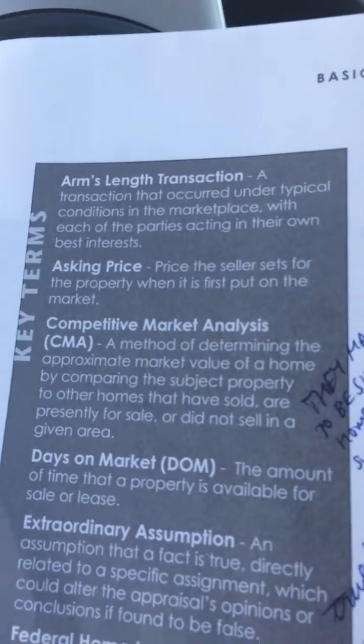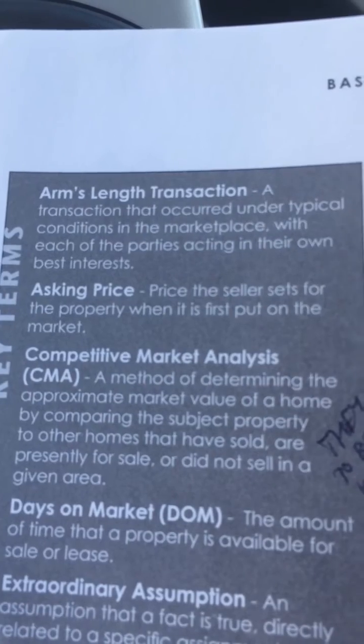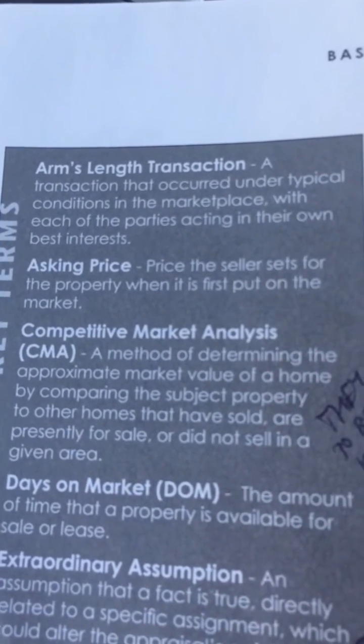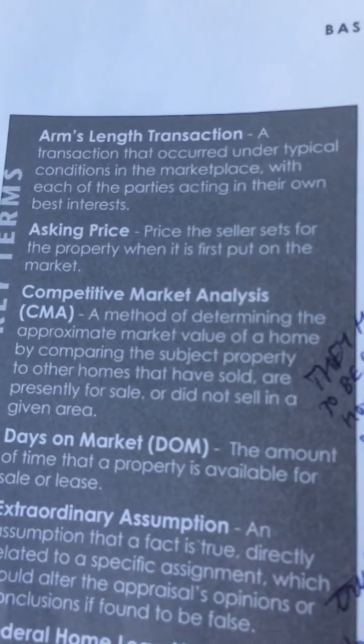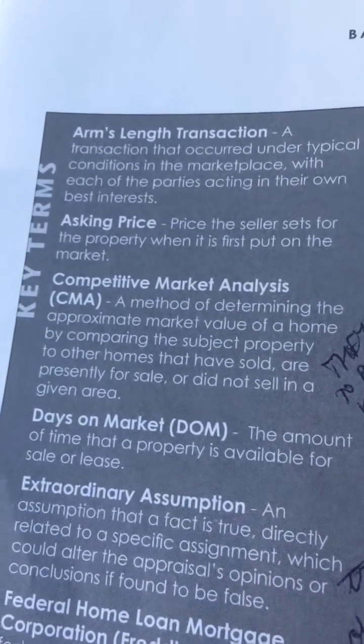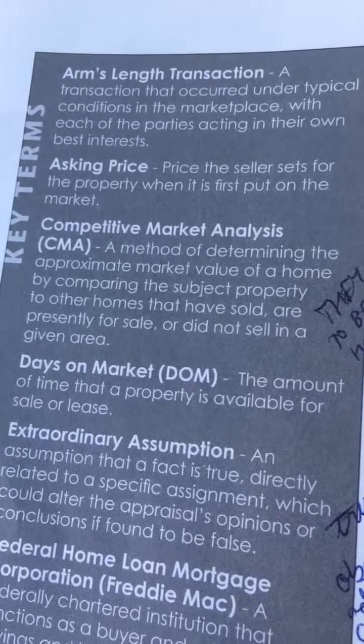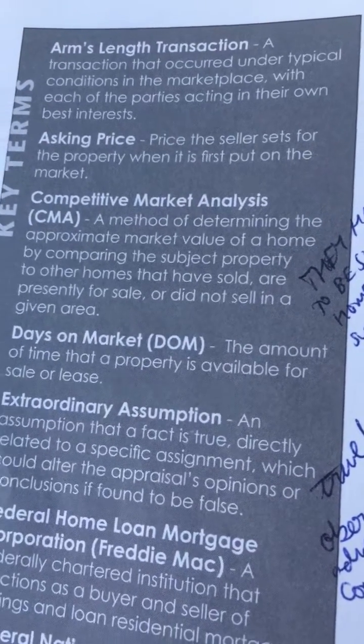Key terms: arm's length transaction, a transaction that occurred under typical conditions in the marketplace with each of the parties acting in their own best interests. Asking price, price the seller sets for the property when it is first put on the market.